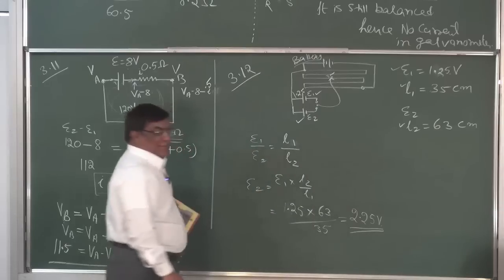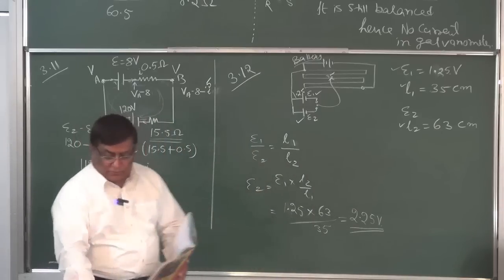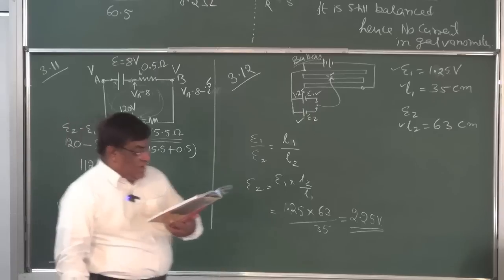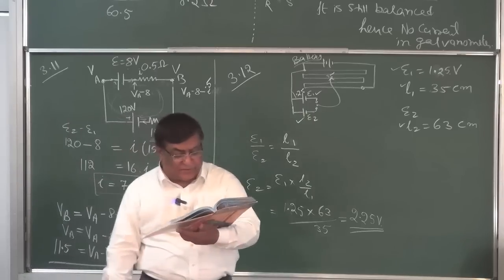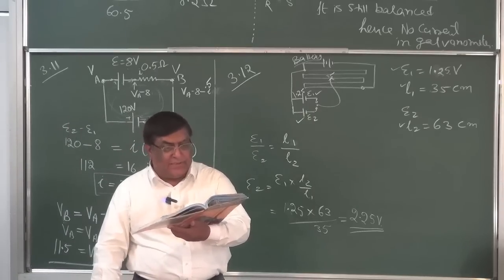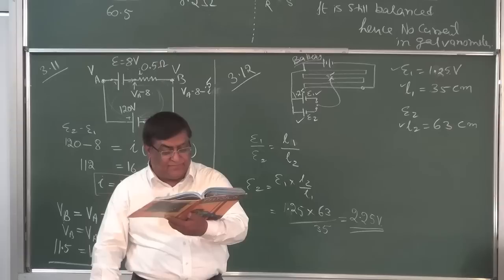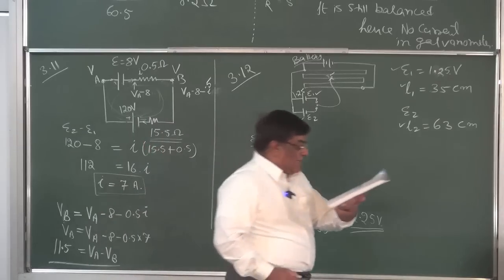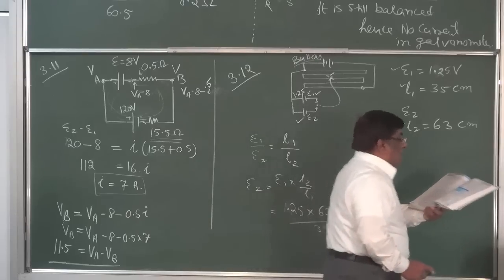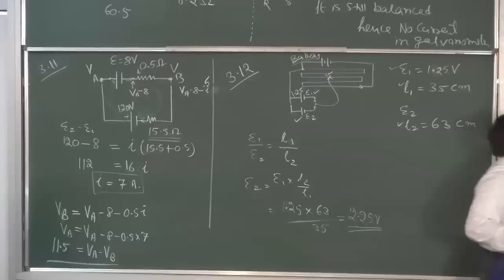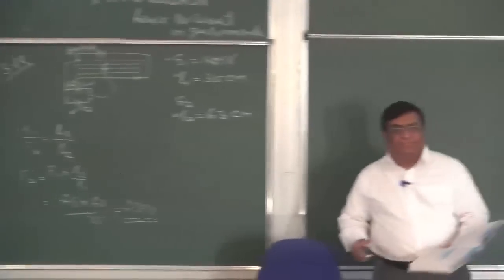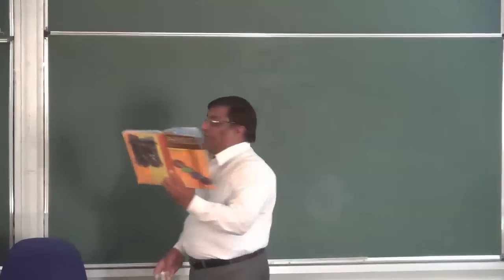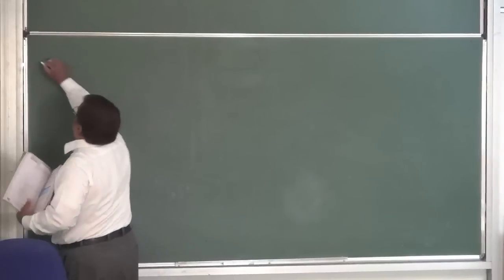This is our answer. Okay, now we go to the next question, and that is the number density of free electron in a copper conductor is this much. How long does an electron take to drift from one end of wire to its other end? Okay, so this is 3.13.